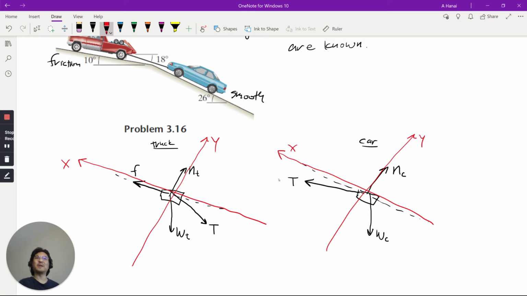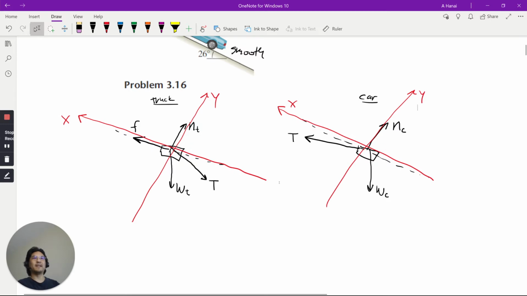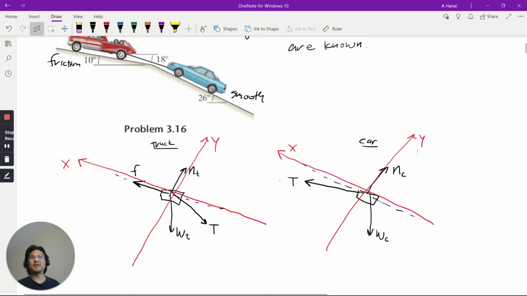Okay, so there we go. I picked my coordinates. Now again, try that rotating coordinate strategy here, right? If this is horizontal, then this is 10 degrees, which means this is 10 degrees. Let me write that nicer. Okay, so here to here, 10 degrees.